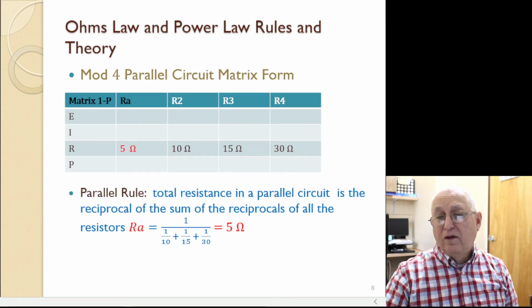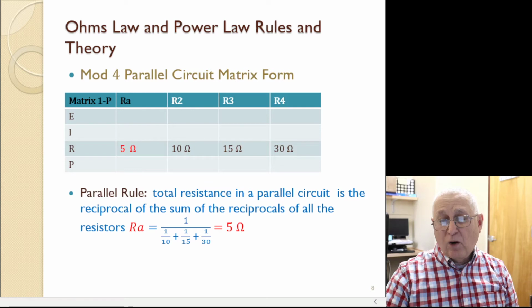Here we're going to set up one matrix. We're going to call it matrix 1-P. P tells us it is a parallel section, so we're going to use parallel rules. We have R2 is 10 ohms, R3 is 15 ohms, R4 is 30 ohms. Using this scary formula, and we're going to show you how to do it very quickly.